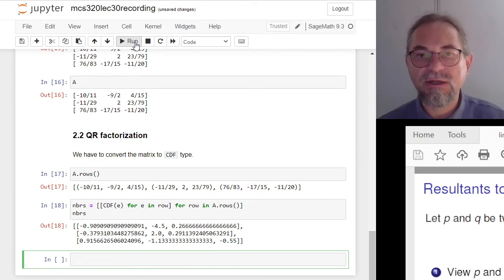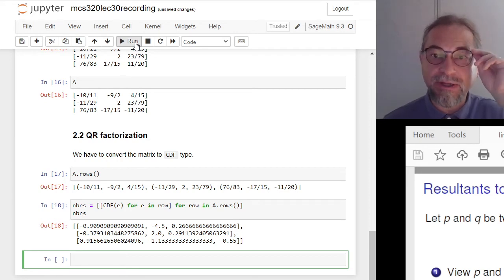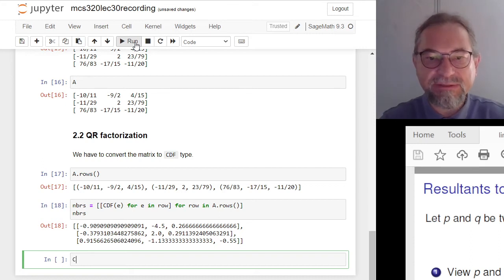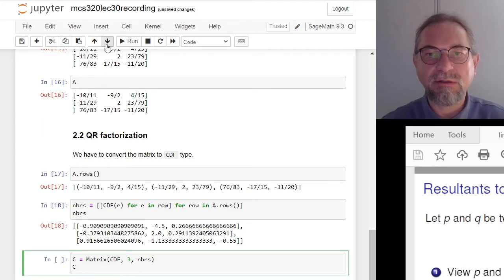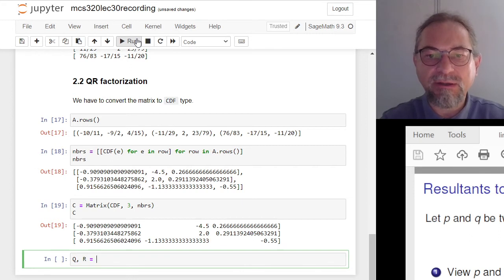So here you see the numbers given of type complex double float. So this is the list of lists representation, and now I make a matrix over it, also a 3 by 3 matrix, using the numbers in the list of lists. So this is a matrix of floating point numbers, and here now I can apply the QR factorization.